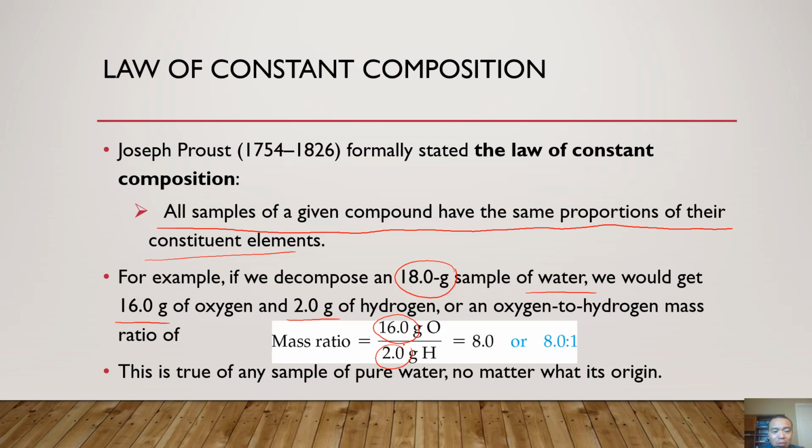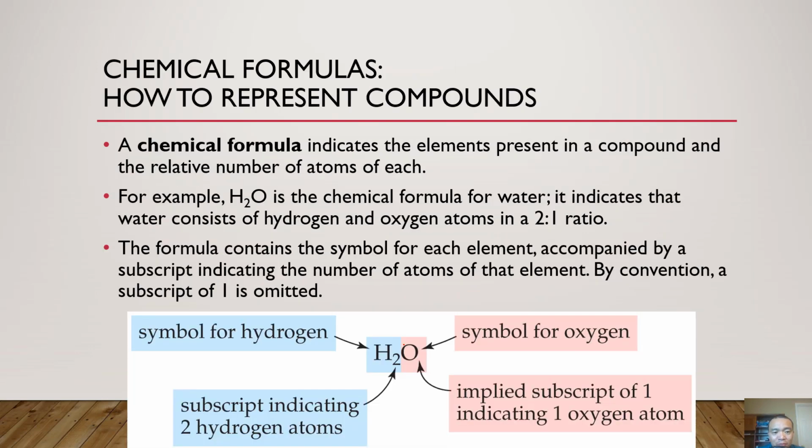Although the mass ratio between different elements in the compound is definite, usually we do not use the mass ratio to represent the formula. Rather, we use the number of atoms, use their ratios. For example, in water molecule, H2O is the chemical formula.